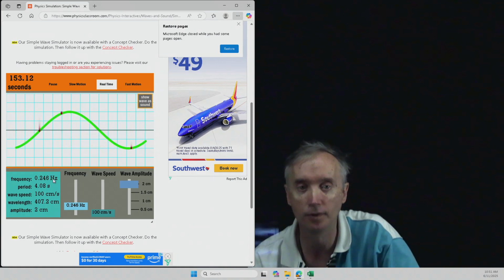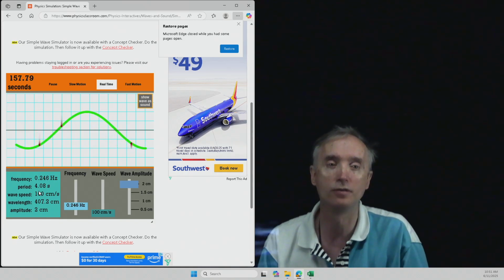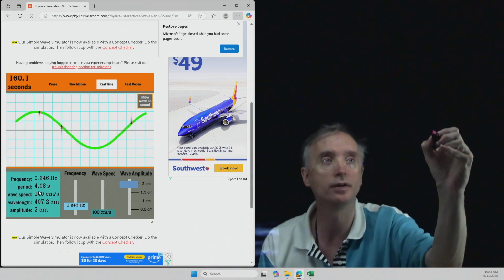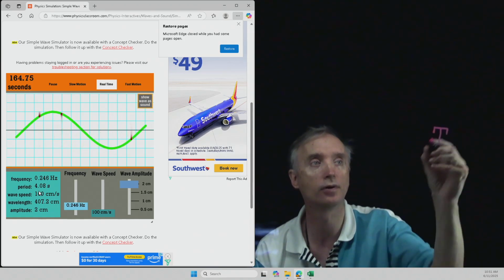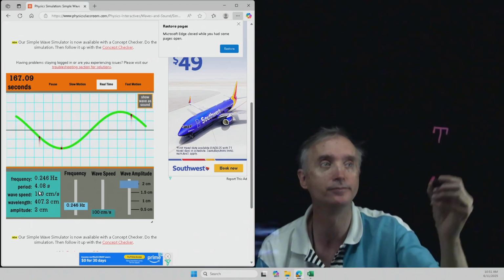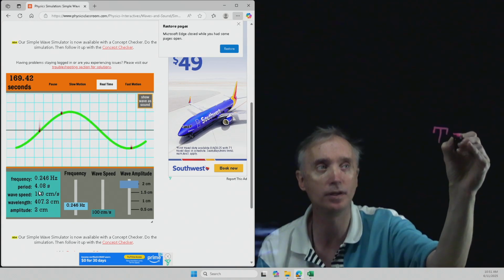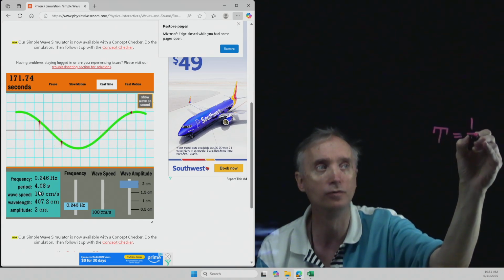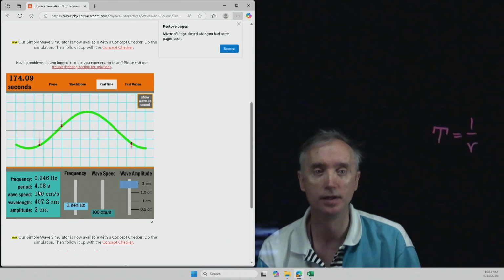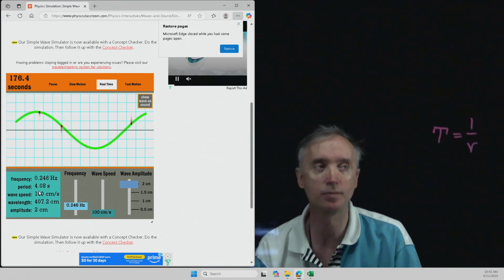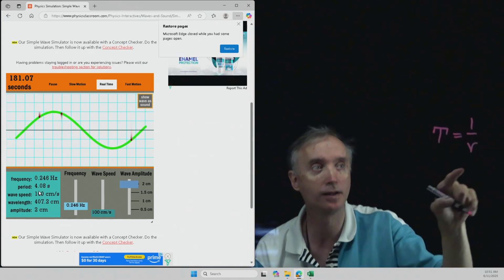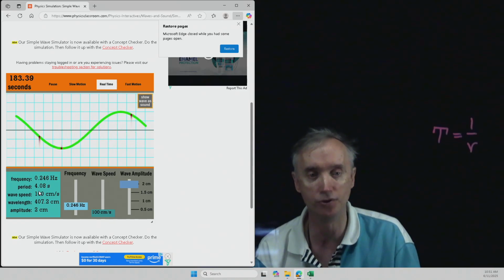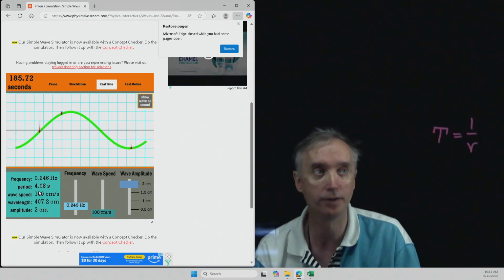this number up here. Now the period, if you recall from our notes, is given by the letter T, and it is going to be equal to 1 over the frequency. Now, you'll notice that in some of these simulations they use the letter F for frequency, but I like to use this symbol here that's called nu, the Greek letter nu.